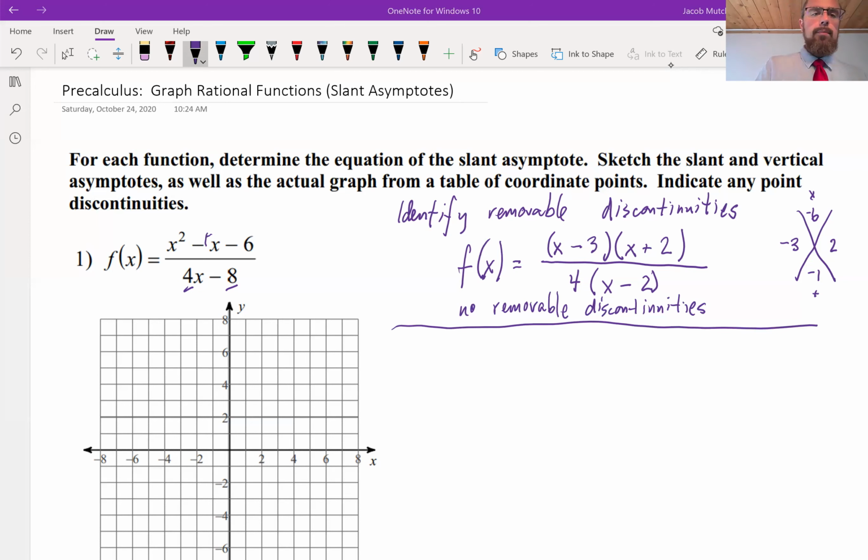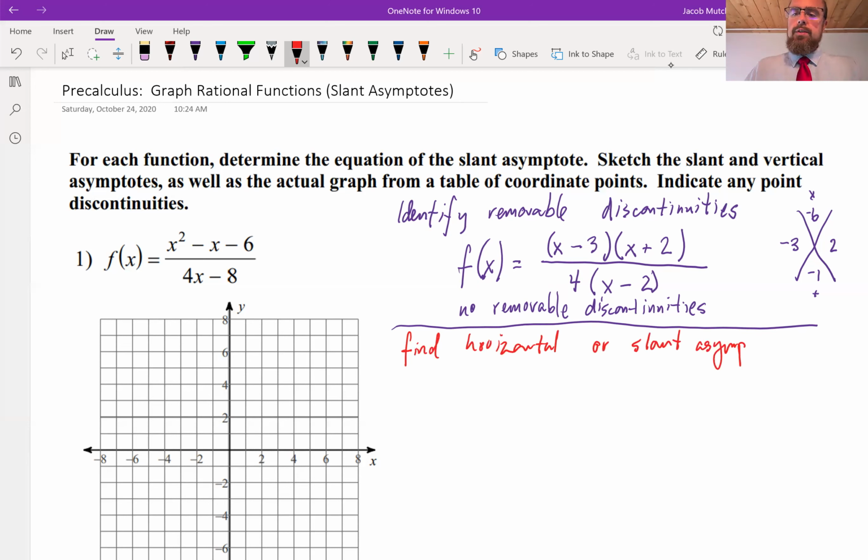I'm just going to go back to the original. What I'm looking for in the original is the highest power on x, both in the numerator and in the denominator. Just to announce our task here, we want to find either horizontal or slant asymptotes. That's our second go-to task when we're graphing rational functions.